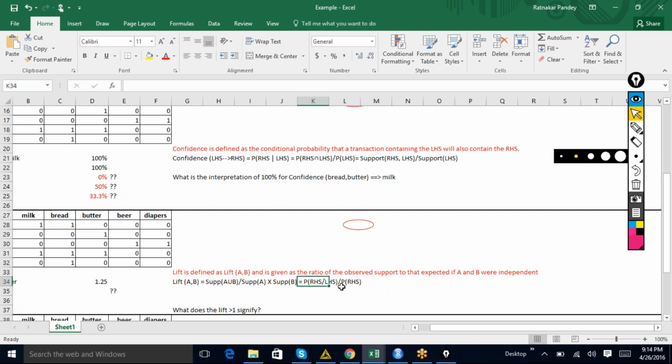So in that case, the numerator and the denominator will be exactly the same. The numerator, which is the probability of right hand side given the left hand side has happened, will be exactly similar to the probability of right hand side, which means they are independent from each other, and then this number will become 1, right? Because both numerator and denominator are the same, this will become 1. Is this clear, the concept of lift?